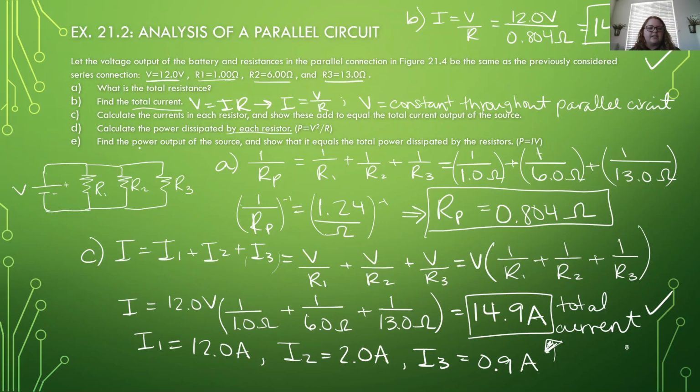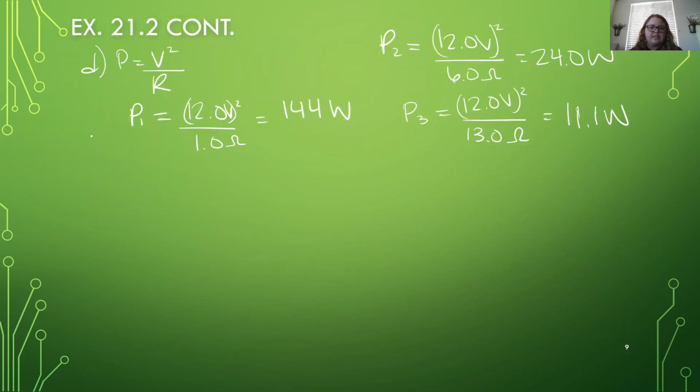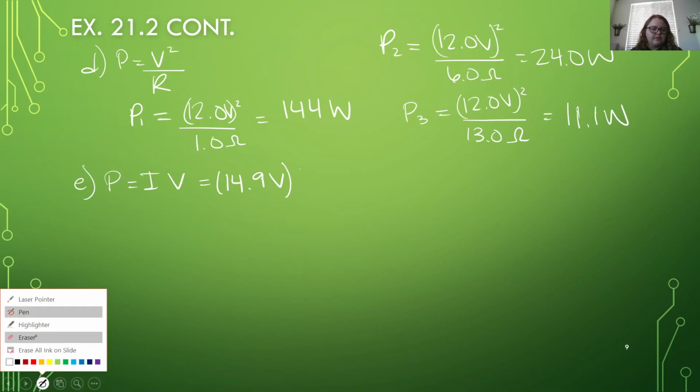Then I want to find the total power output of the source. So I'm going to use P is equal to I times V to find that. We found our current in the last one. We found that to be 14.9 amps. What are you doing?